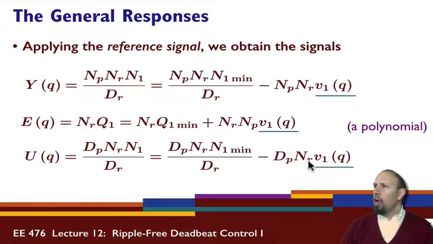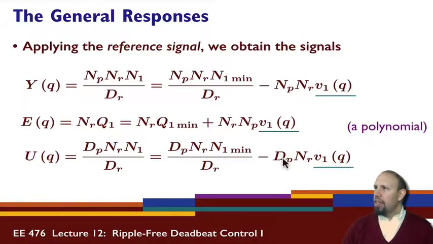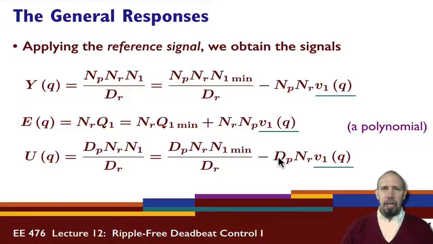So if you look at the overall response, each of these terms has a polynomial at the end. The polynomial is a finite settling signal. Actually, it's a signal of compact support, and because of that, this term only affects a finite number of values in the transient response. Remember, when you have the response of a system, you have what's called a transient response, then you have the steady state response.